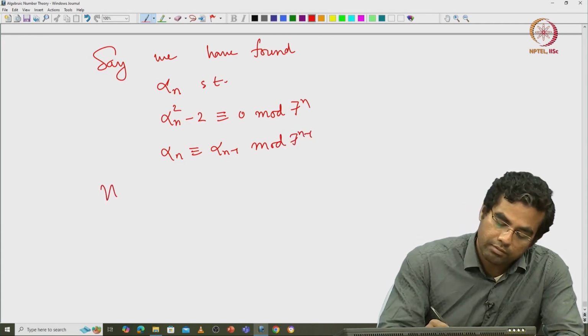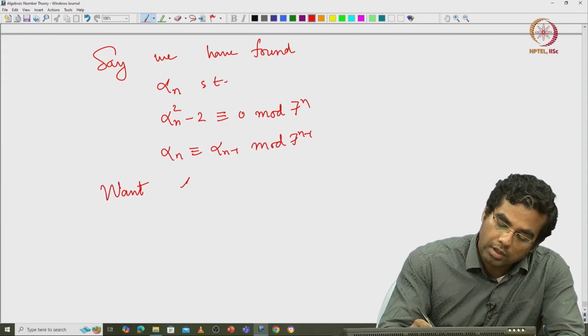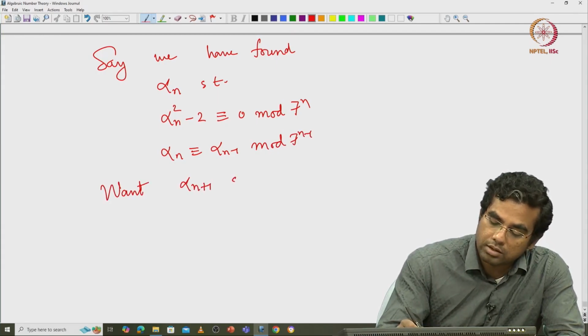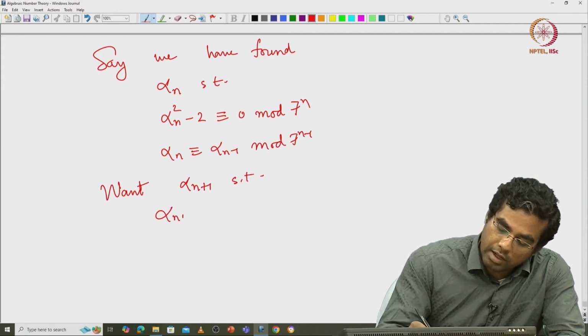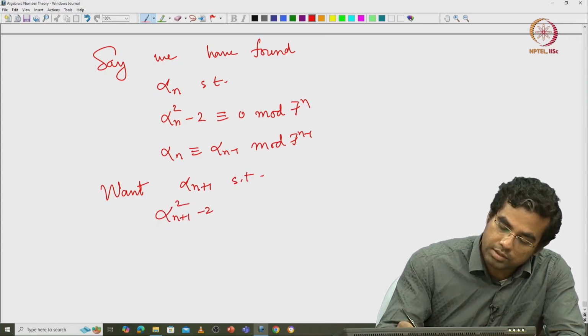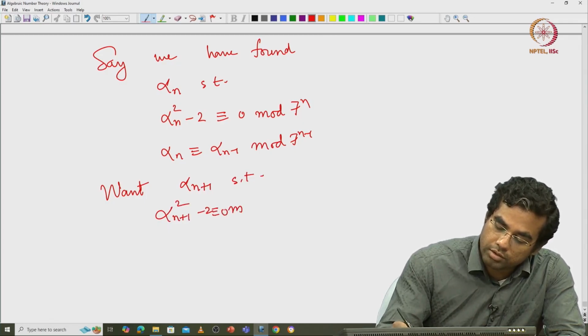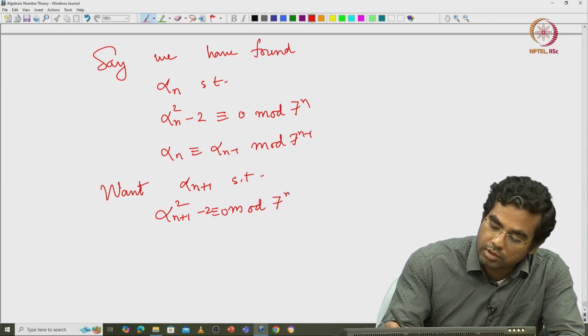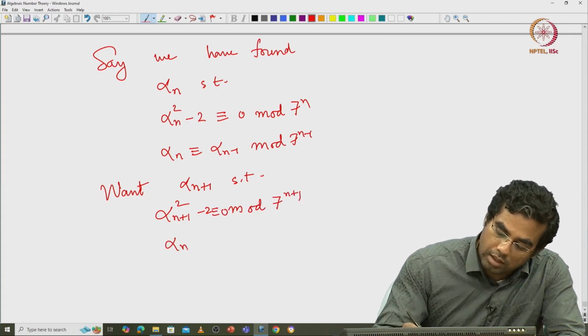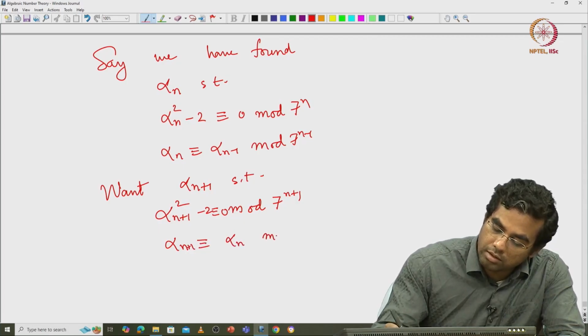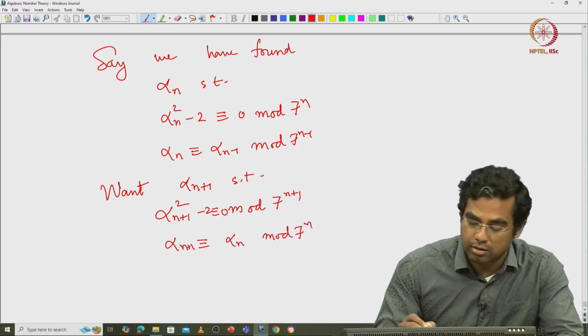Then we want alpha n plus 1 such that alpha n plus 1 squared minus 2 is congruent to 0 mod 7 to the n plus 1, and alpha n plus 1 is congruent to alpha n mod 7 to the n.